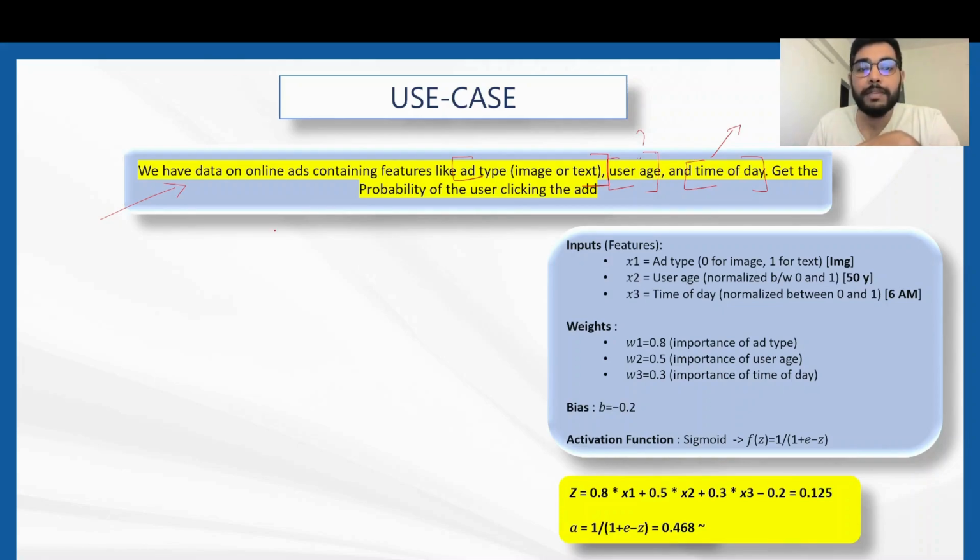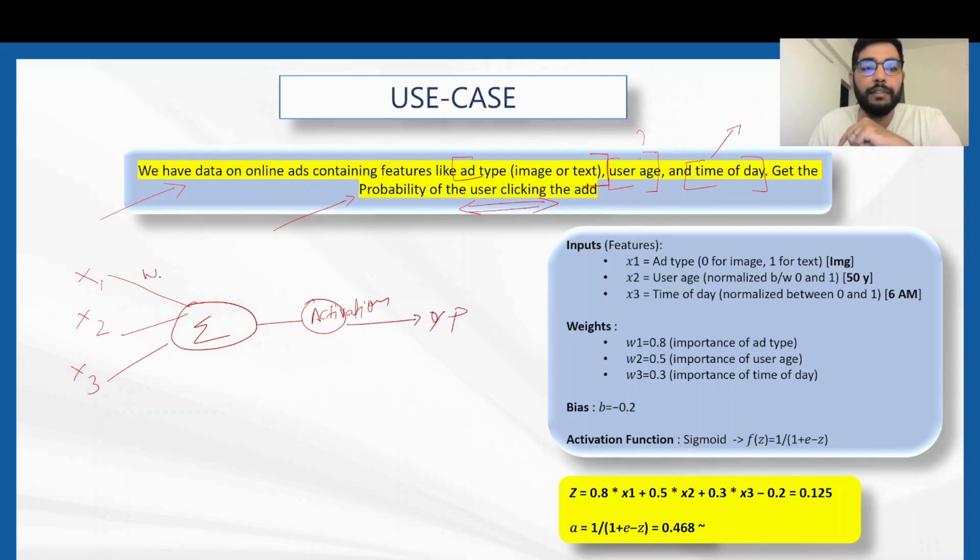Of these features, our objective is to predict the probability of that particular user, whom this ad is projected to, clicking that ad. So in our case, since we have three features, we have x1, x2, x3, which is being fed to a summation function, and then this summation function is being fed to an activation function, and then we have our final output.